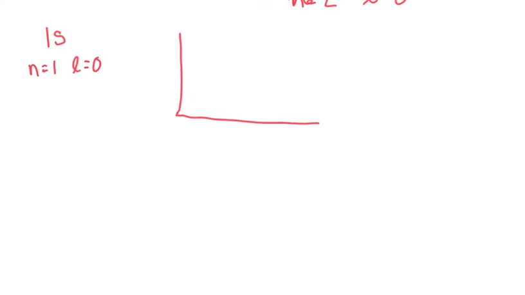We found this. Here we have our distance from the nucleus, and this is going to be in angstroms, which are very, very small. We're going to put 0 here. I'm going to put 1 here and 2 here. Okay, and over on this side we have our probability. And of course this is when n is equal to 1 and L is equal to 0.